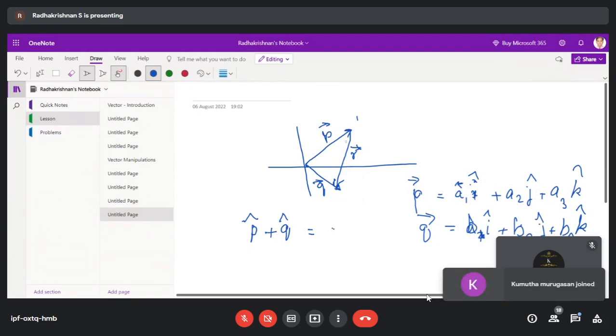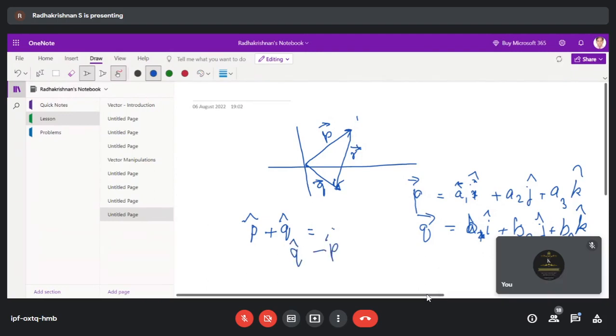So this is given by actually Q minus P. Okay. So the vector joining these 2 points is given by Q minus P. So which is now b1 minus a1 into i cap.